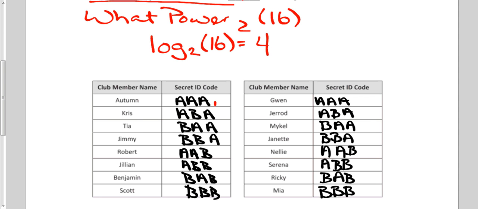So this is A, A, A, A, A, A, A, A. And now, starboard, B, B, B, B, B, B, B, B. Now, does everybody have a unique code?